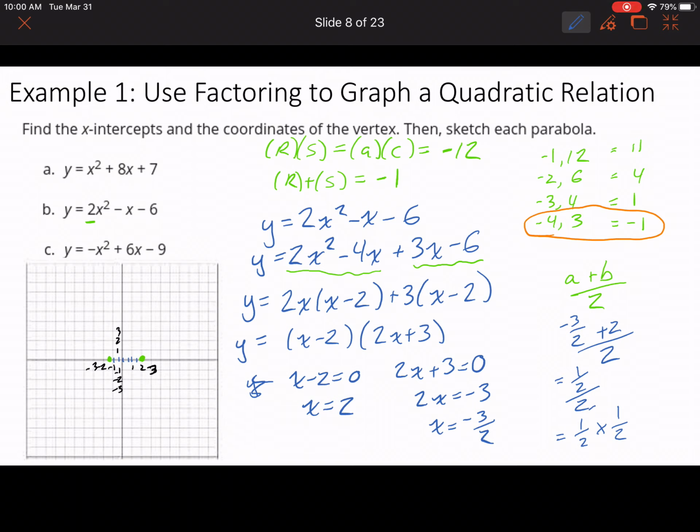This 2 is 2/1, so 1/2 divided by 2/1, we inverse and multiply. We switch the second term to 1/2 instead of 2/1, and we're multiplying, which gives us 1/4. So our x coordinate, or x term, is actually positive 1/4, which is really hard to draw on my little graph. So right about there.